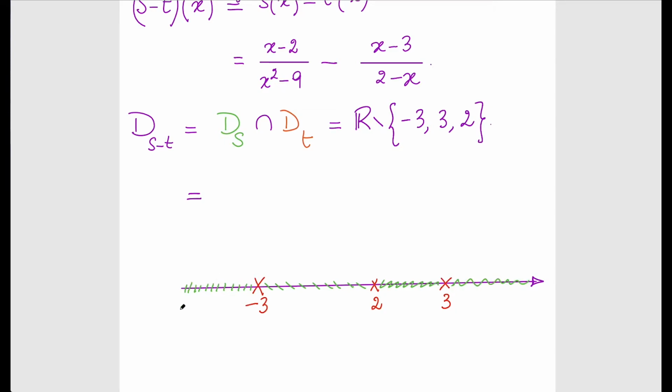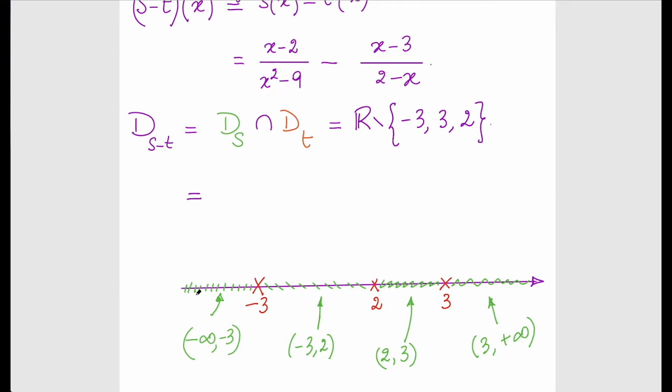Who are these guys? That's -infinity all the way to -3. Correct? So this would be the set consisting of all those guys. How about those guys? These are -3 to 2. How about those? These are 2 to 3, right? Again, all the endpoints are thrown away. How about these guys? These are 3 to plus infinity.